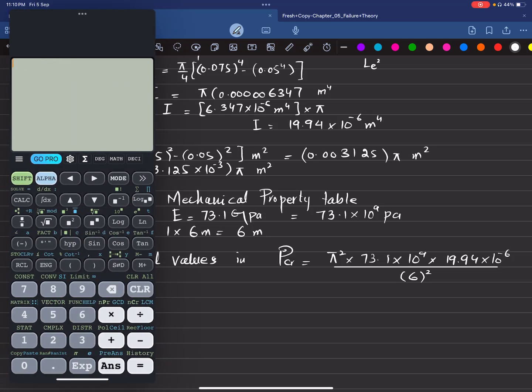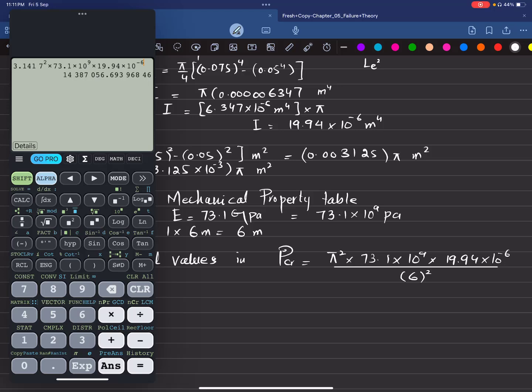So again you can see 3.1417 square multiplied by 73.1 into 10 power 9 multiplied by 19.94 multiplied by 10 power minus 6.